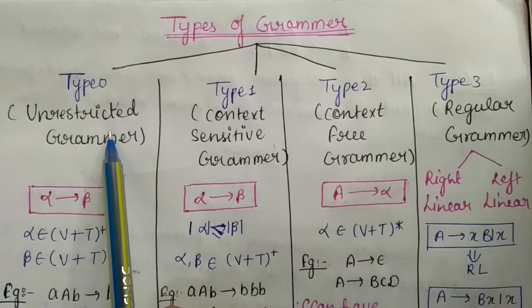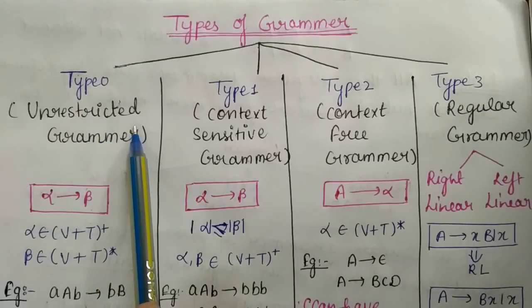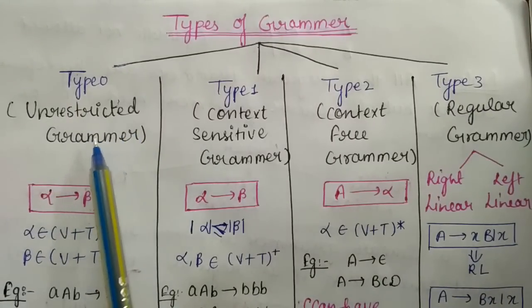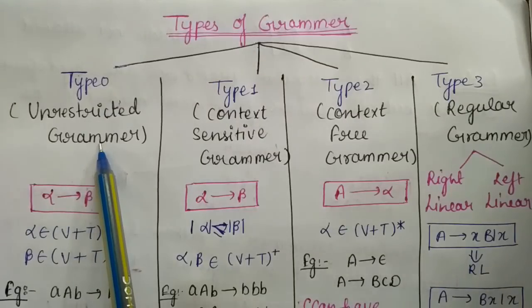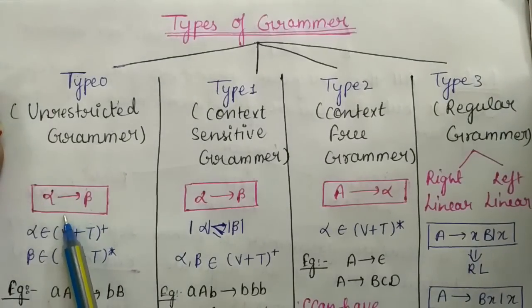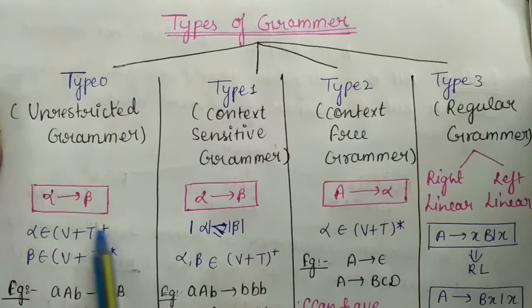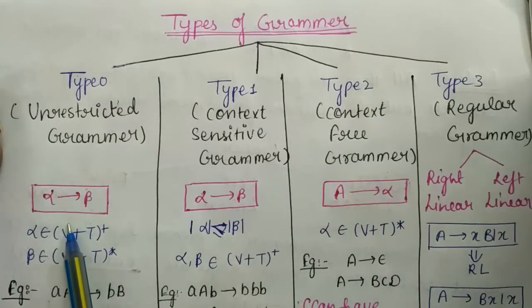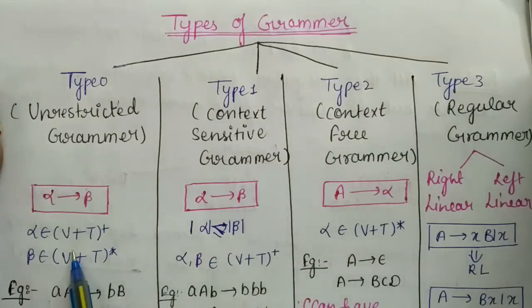Type 0 grammar is also known as unrestricted grammar. As the name suggests, unrestricted means this grammar has no restriction, and it is known as the most powerful grammar in theory of computation. This grammar has productions like this: alpha tends to beta, and in alpha we can have any combination of variables and terminals, and beta also belongs to any combination of variables and terminals.